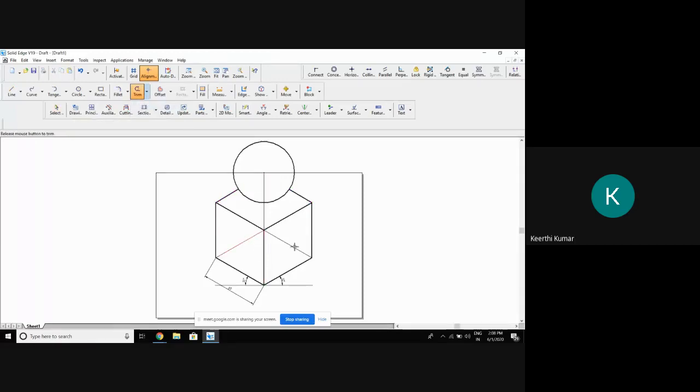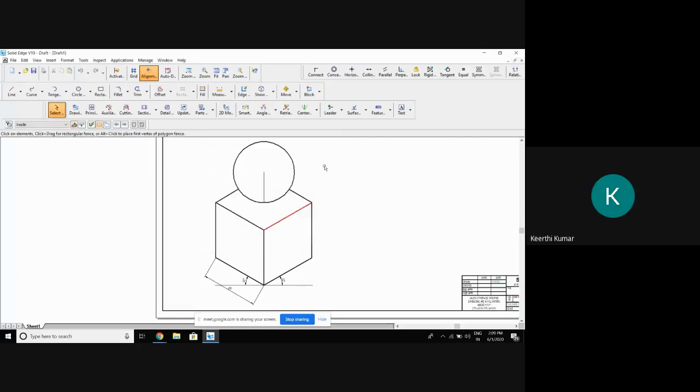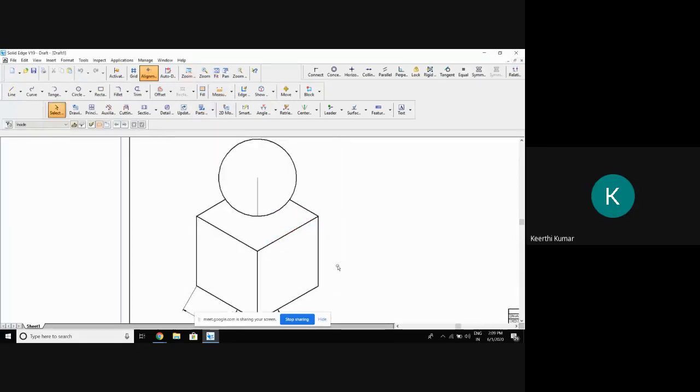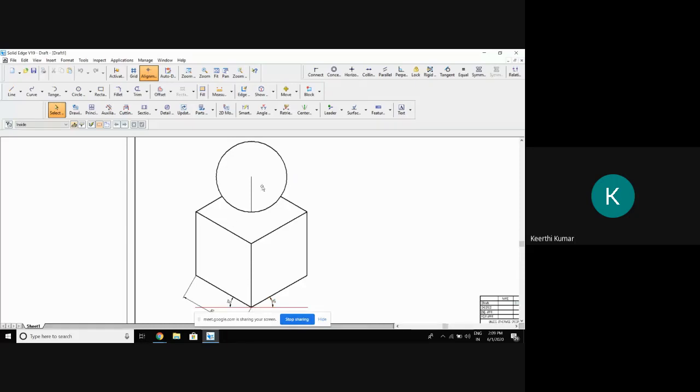Can you analyze the image? How many views have I used here? To understand, if I show this to anyone, he can tell easily what exactly the arrangement is. The arrangement is, there is one cube, and above the cube there is a sphere. Correct?